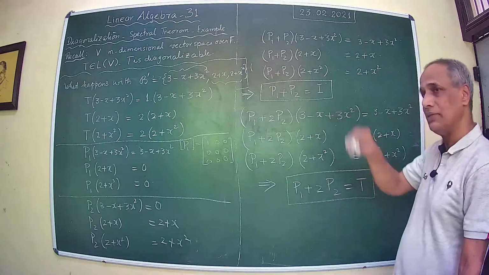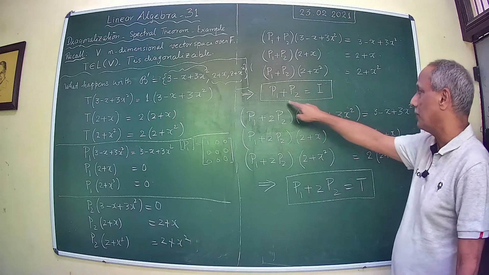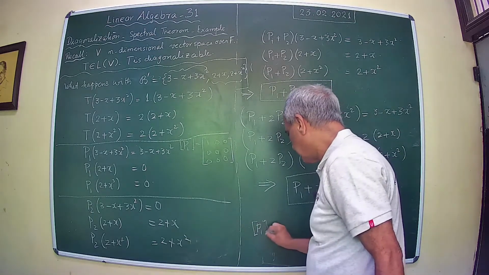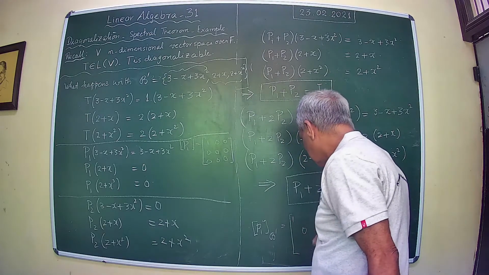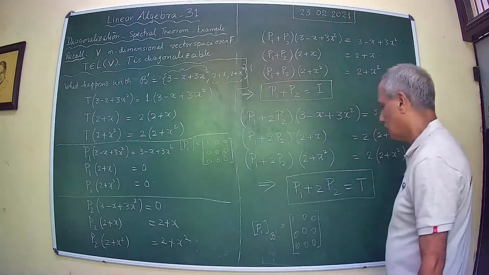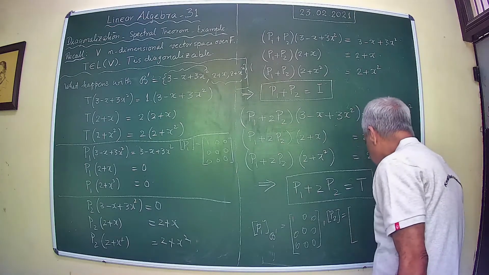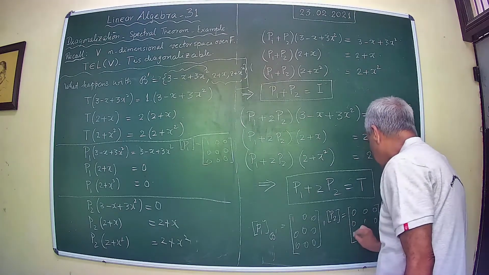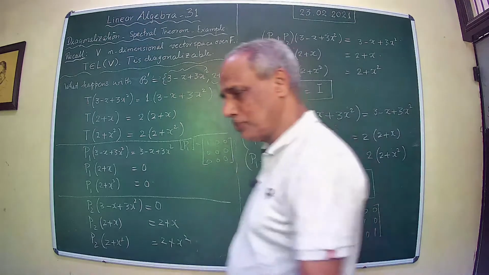The advantage of working with B prime is that if you go for the matrix representation of P1 and P2, the matrix representation of P1 in B prime is 1, and the matrix representation for P2 is essentially 0, 0, 0, 0, 1, 0, 0, diagonal. Similarly, you compute this one.